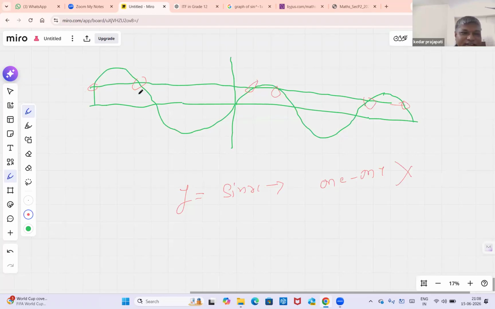In one straight line, the graph has multiple points. So definitely it is not 1, 1. Then it is not a function, right? But I'm just trying to explain why we need an inverse function for sine, even though sine x is not 1, 1.